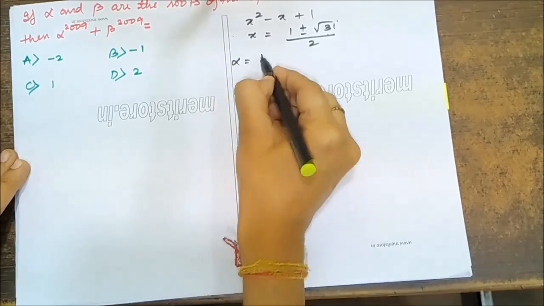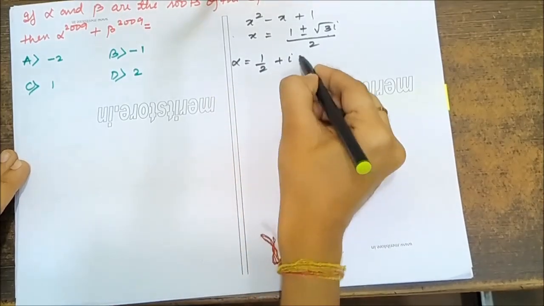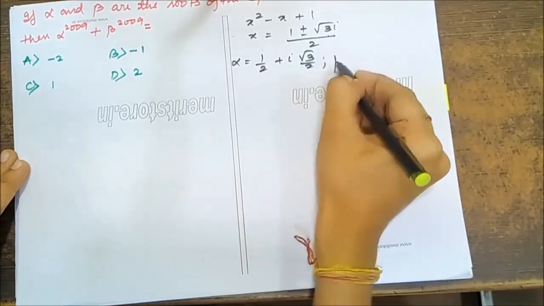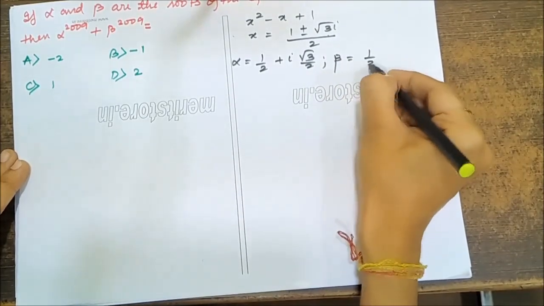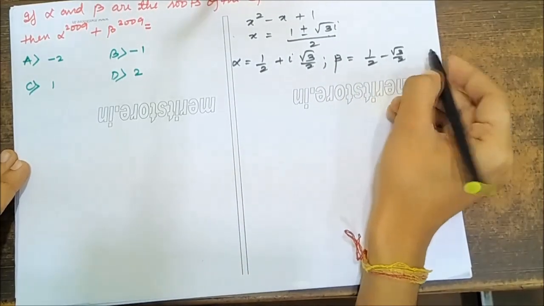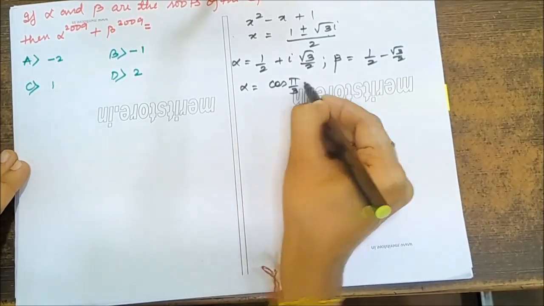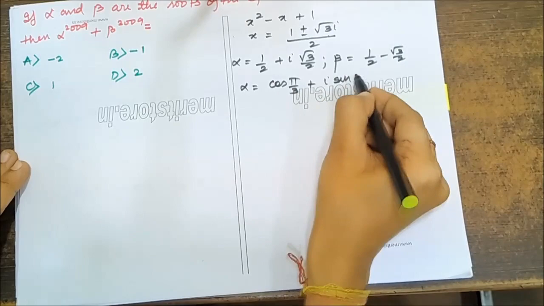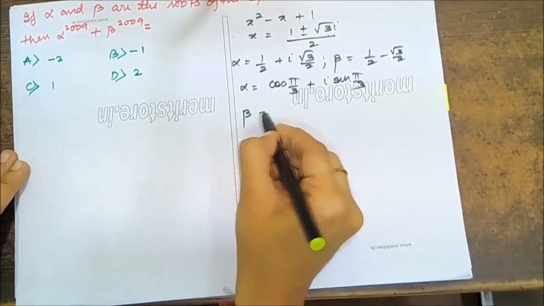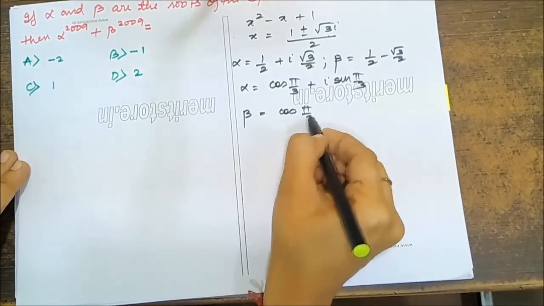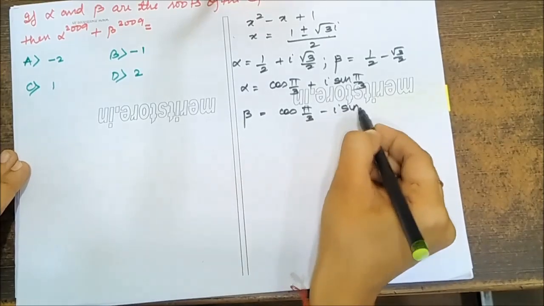So alpha is half plus i root 3 upon 2 and beta is half minus i root 3 upon 2. Alpha is cos pi by 3 plus i sin pi by 3 and beta is cos pi by 3 minus i sin pi by 3.